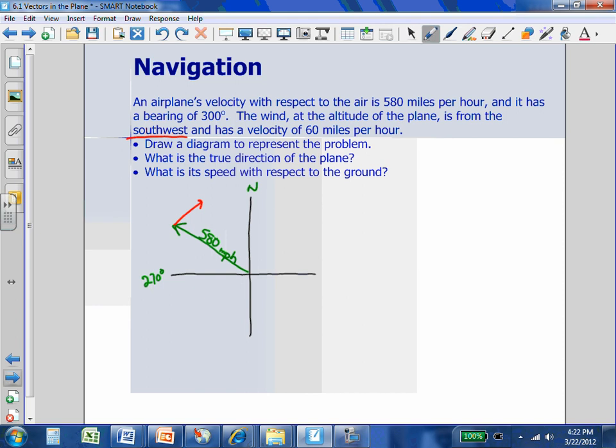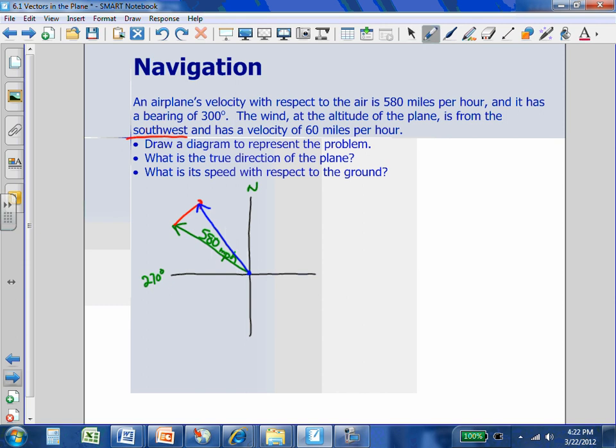So by the time the plane sets its direction, its course of direction, if it doesn't adjust for the wind, it's actually going to end up where that blue vector is. So we need to start looking at some angle measures here and figuring out exactly what's going on.